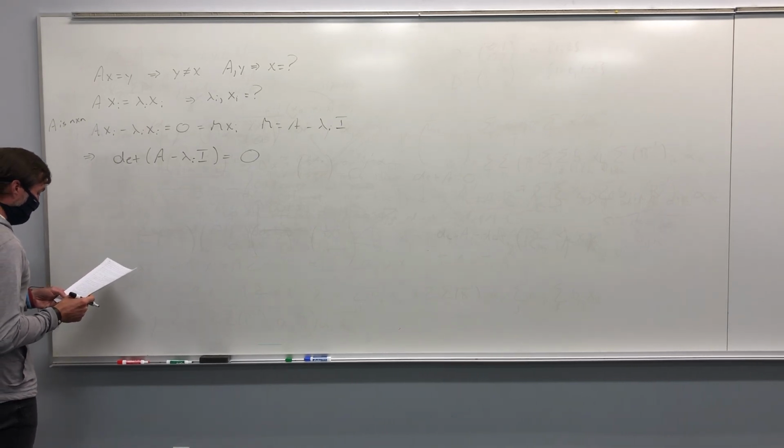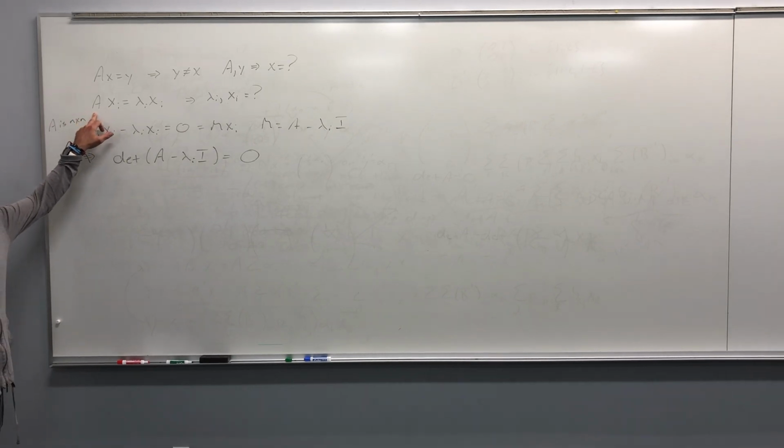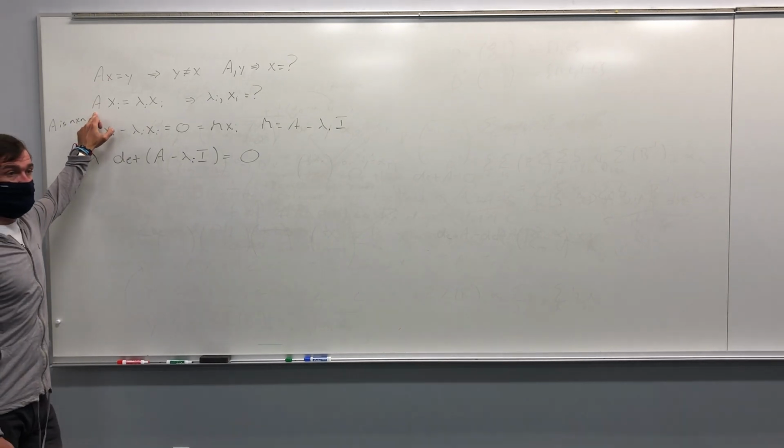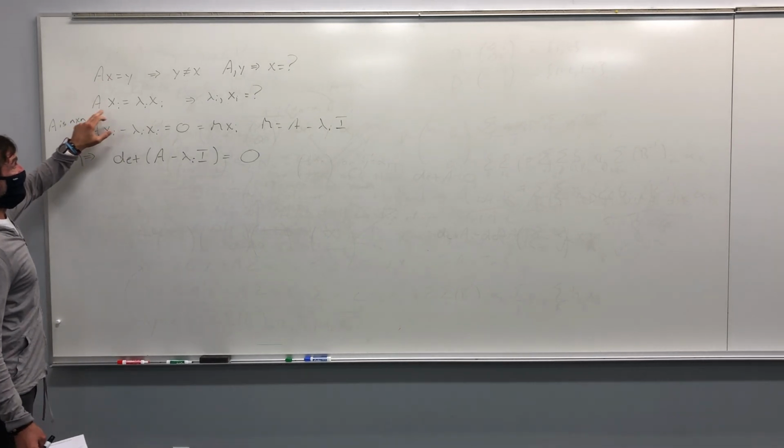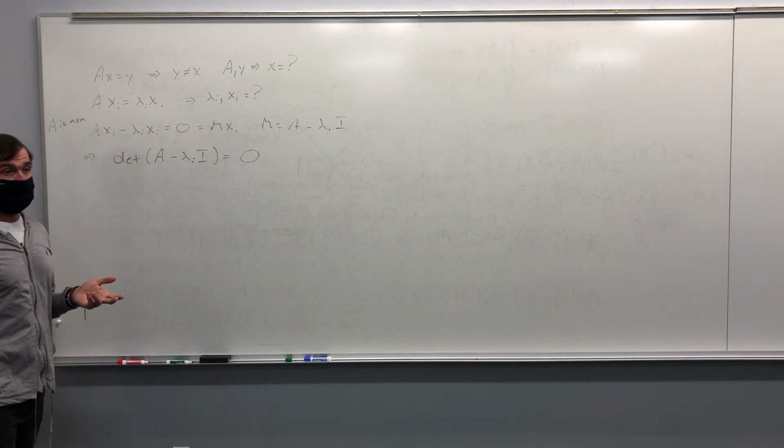Now here's an interesting observation. And this is where sometimes you just can't escape imaginary land. I could have a matrix representation of the linear transformation, and it could have all real elements. But it might be the case that the eigenvalues and the eigenvectors are imaginary, or complex at least.